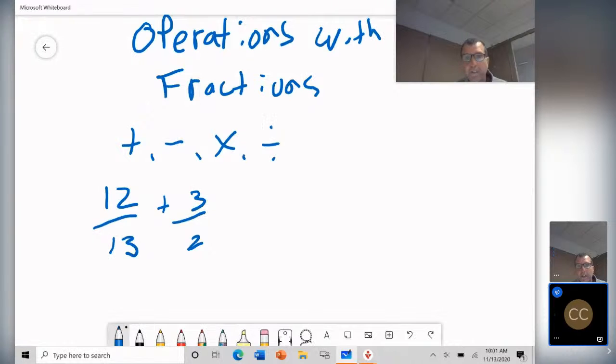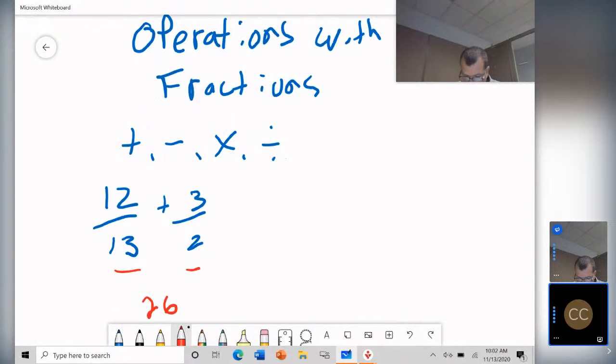One way, I'm not sure if Casey showed you this, it might make you do a little more work at the end, but one thing you can always do is multiply the two denominators. So in this case, 13 times 2, you're going to get 26. In this case, that's the least common denominator.